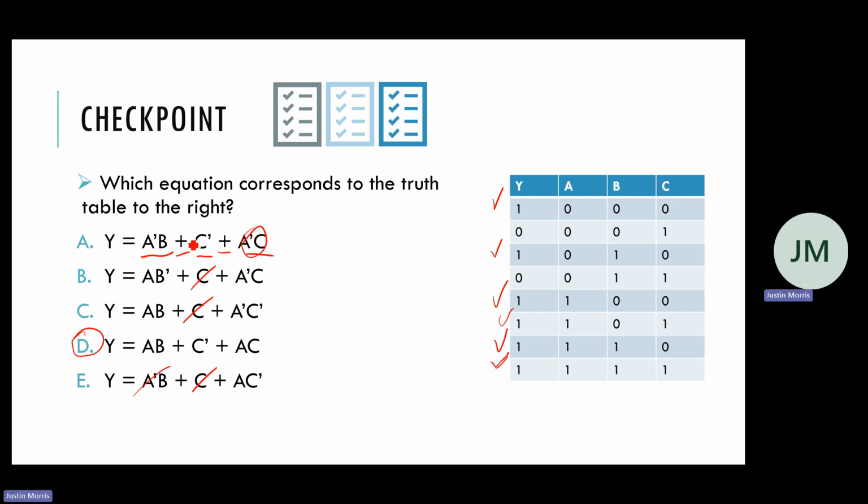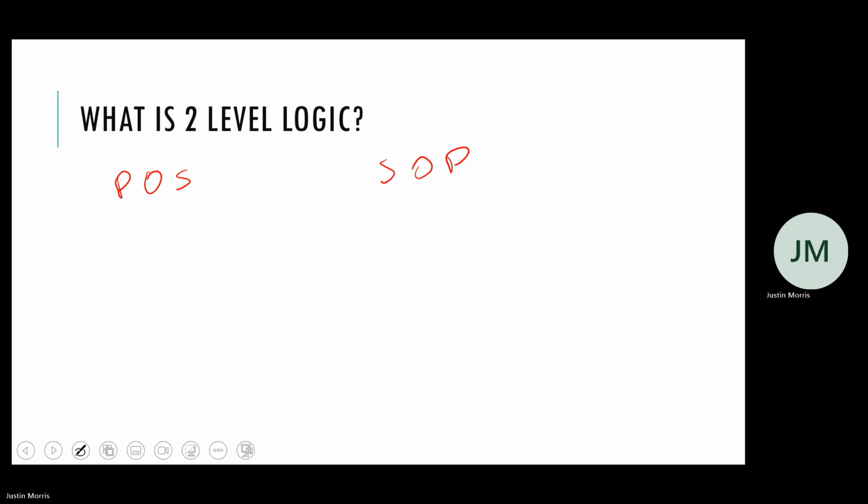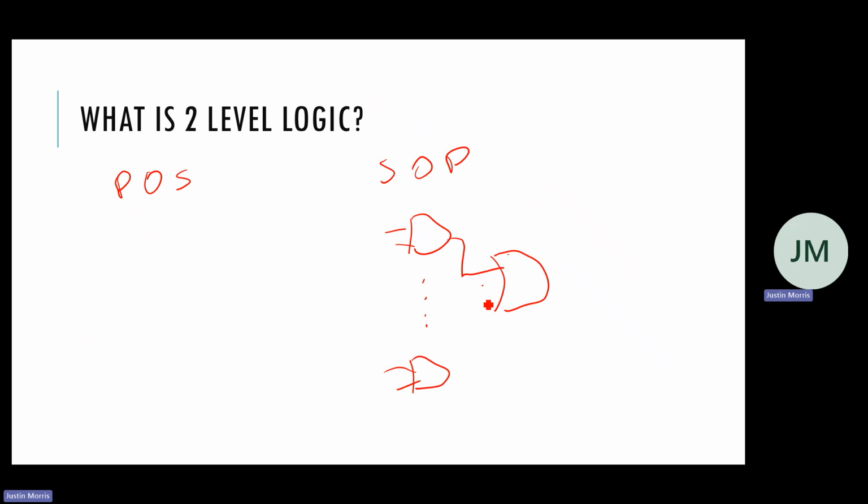We first have to take the product, and then we take the sum of those products. If you drew it out, you would have a bunch of AND gates, all connected to this OR gate. So that's 1, 2 levels. Product of sums is just the opposite. You have a bunch of OR gates, and then you have one AND gate at the end.